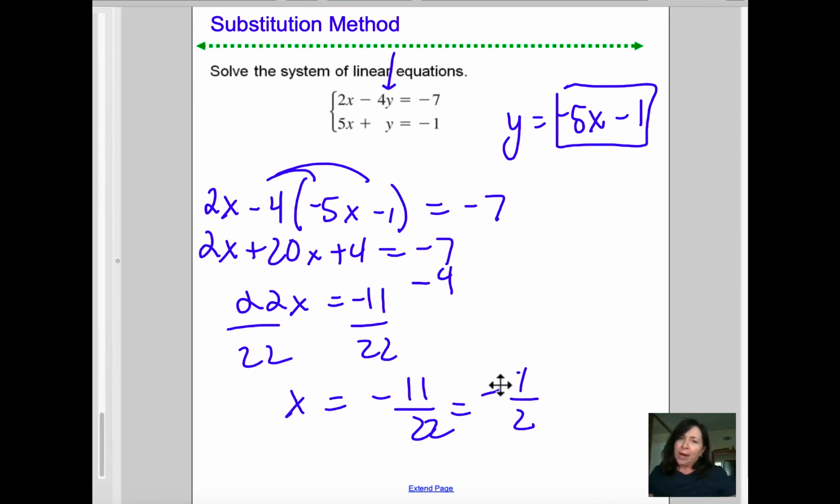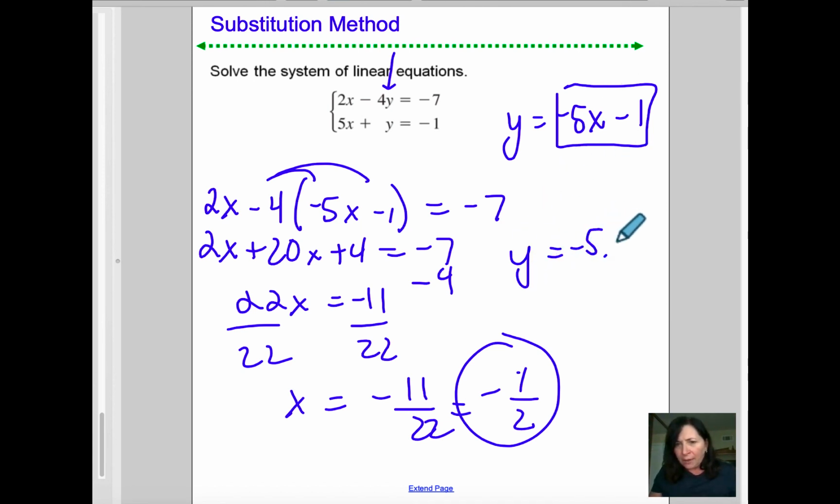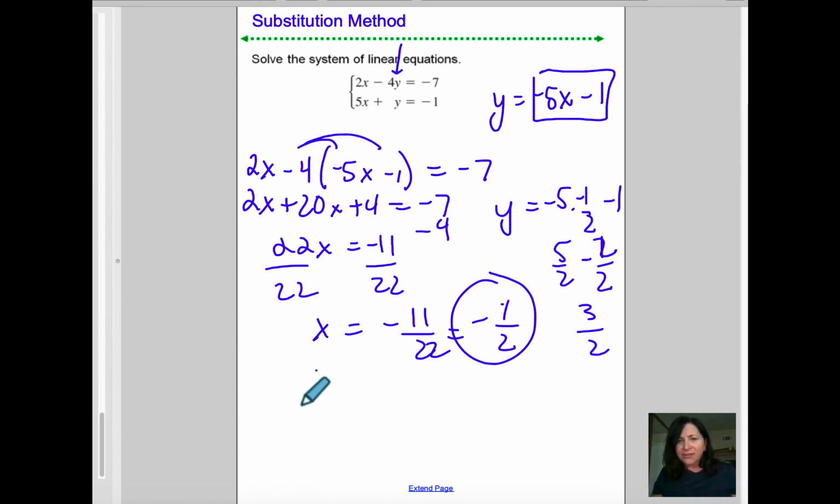And then, this is x, so I'm going to plug it back into one of the equations. I'm going to just plug it in here. So y is equal to negative 5 times negative 1/2 minus 1. So that's 5 halves minus 1. That's going to be 2 over 2. 5 minus 2 is 3. So 3 halves. So that means that my intersection point is (negative 1/2, 3 halves).